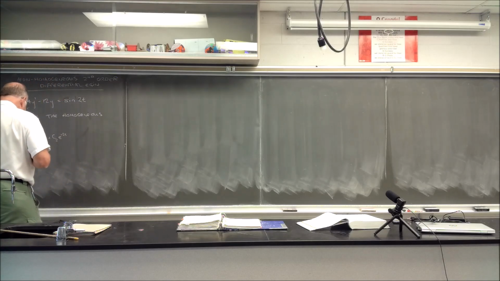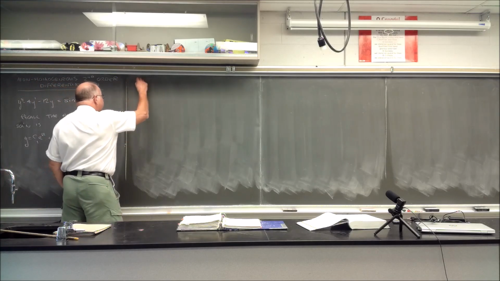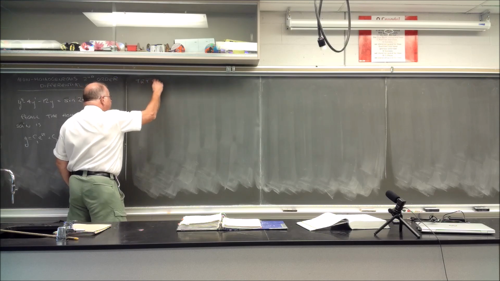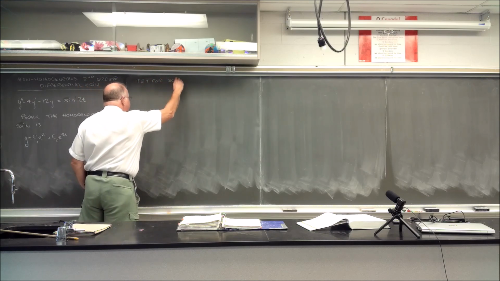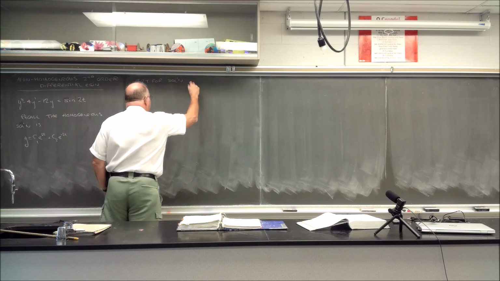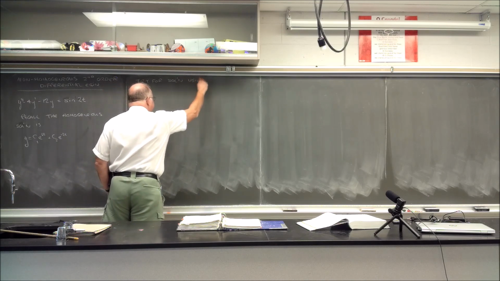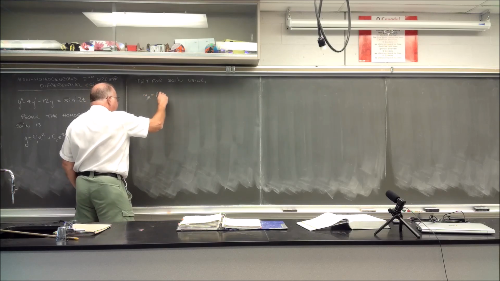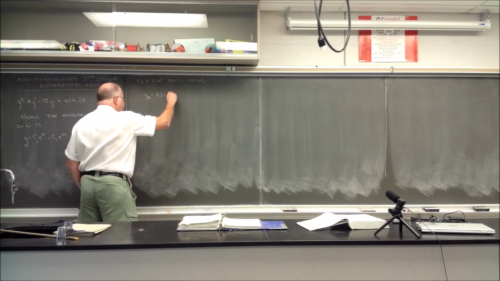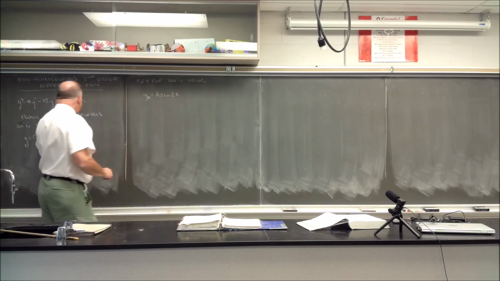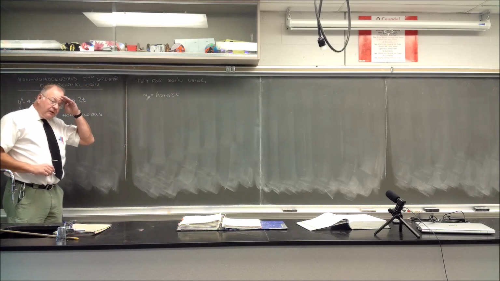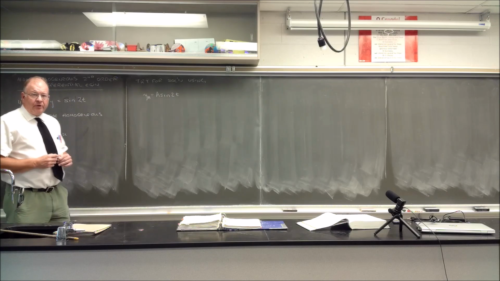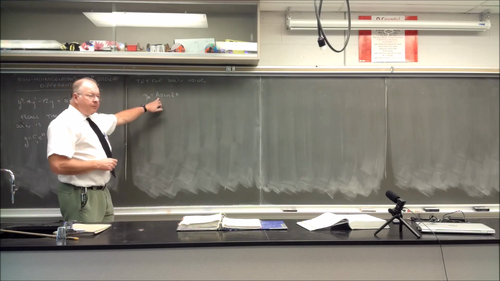And so we will try for a solution using y sub h equals a sine 2t. We're going to use the function that's here. And of course, because it's the method of undetermined coefficients, we put in an unknown.